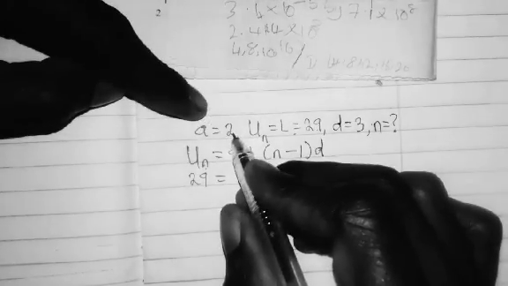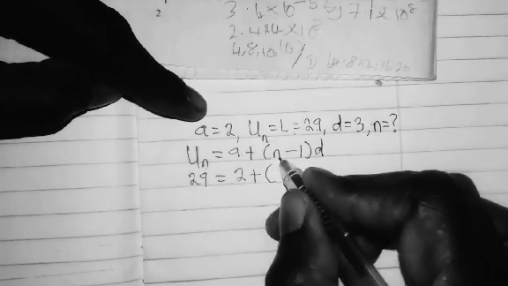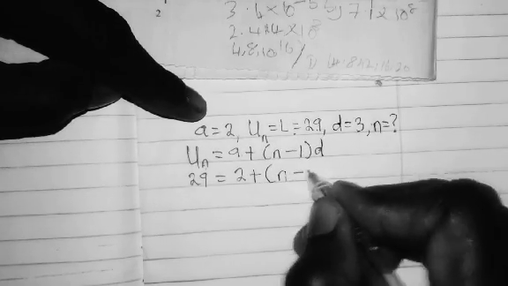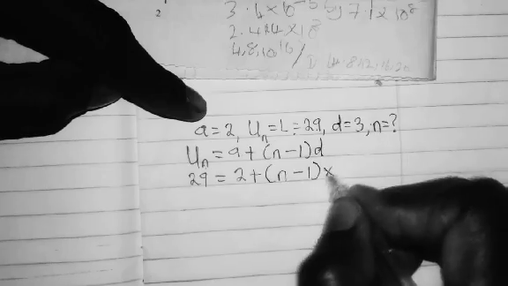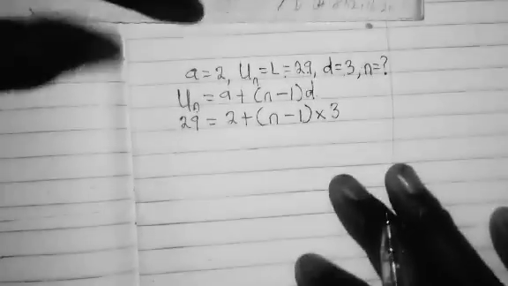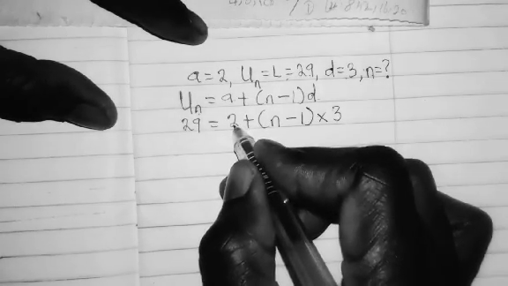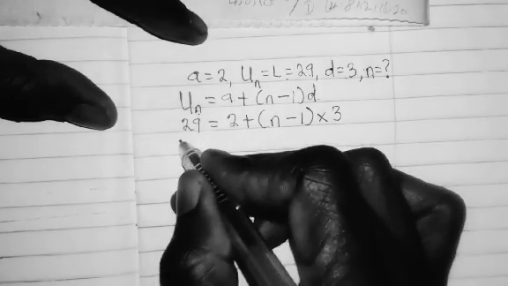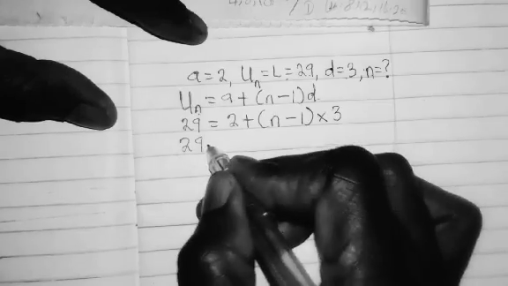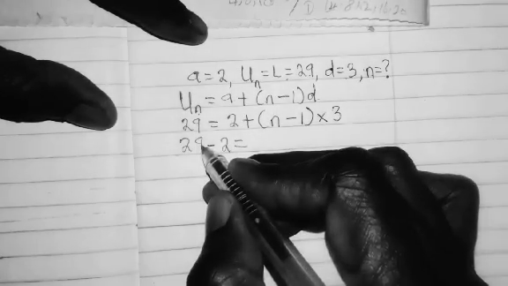Then of course a, you can see, is 2. We'll write it out: 2 plus open bracket n, which is what we are looking for. We keep it: n minus 1, then multiply by d, which as you can see is 3. Now going further, we can take this plus 2 and bring it here. So it will become 29 minus 2 equals, these 2 have been taken away, okay?